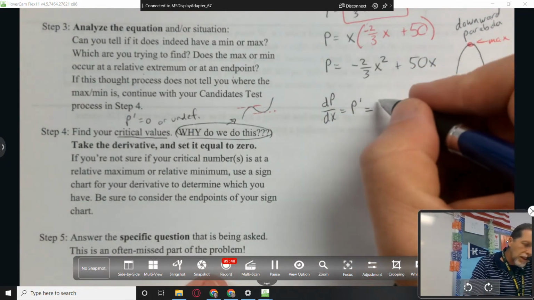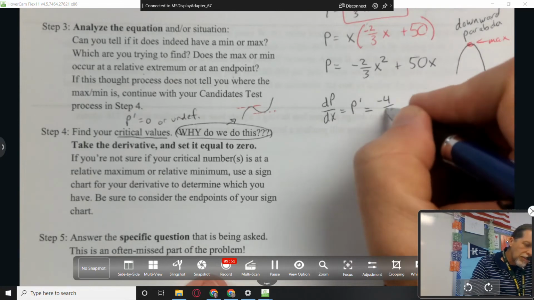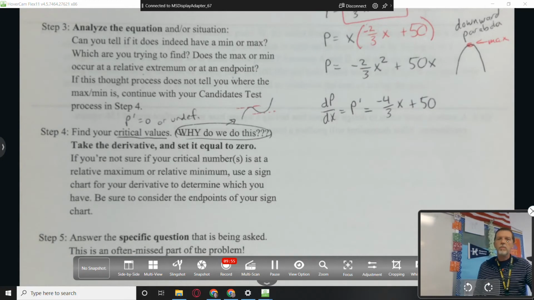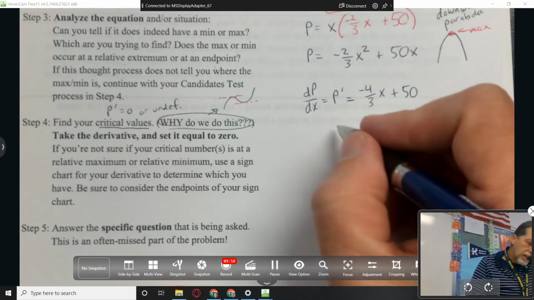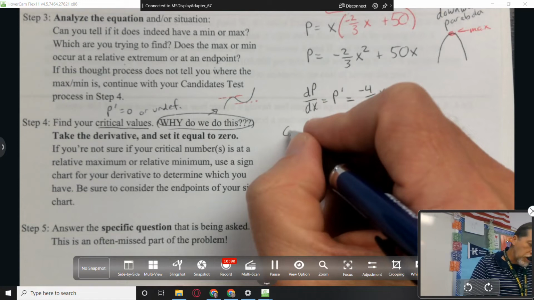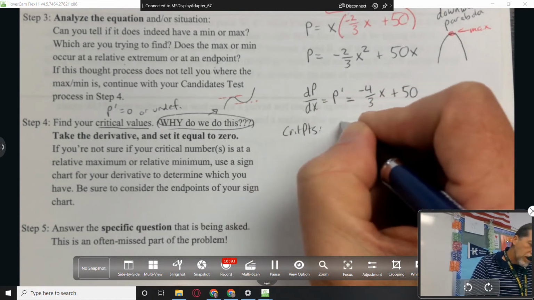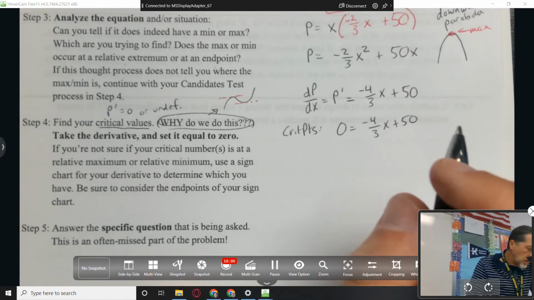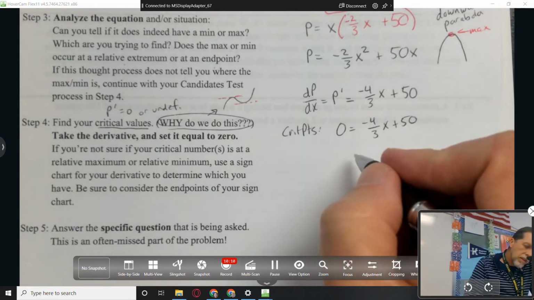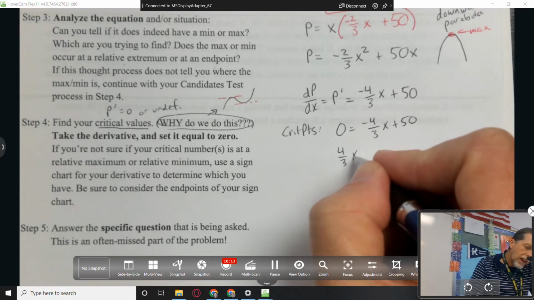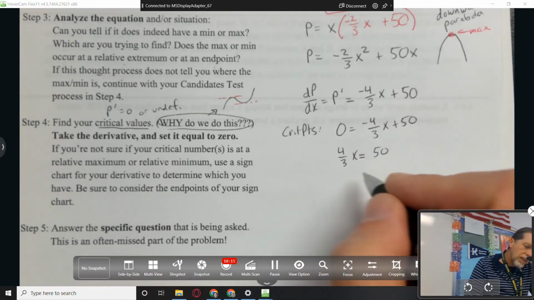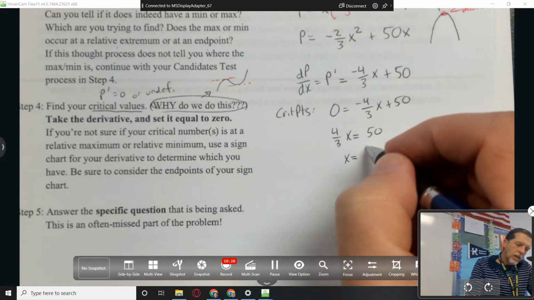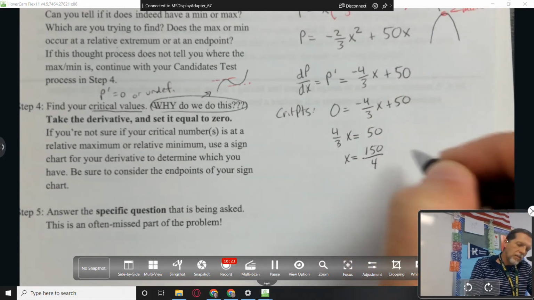So p prime, or dp dx, either way, would be negative 4/3 x plus 50. Let's set that equal to 0 to find our critical points. x equals 3 times 50 is 150 divided by 4.